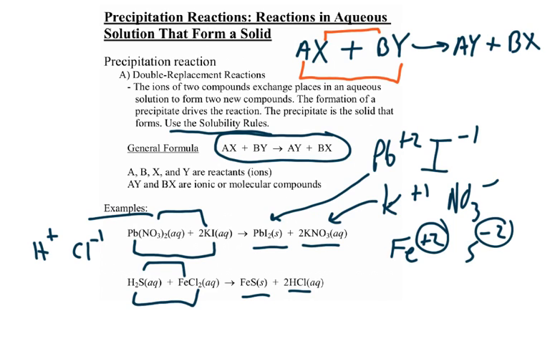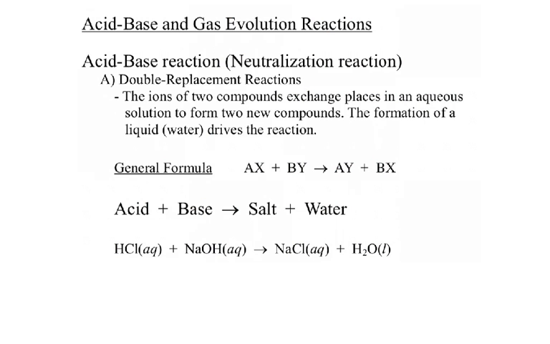Sulfur will not be soluble if it's not with either an alkali metal, ammonium, the polyatomic ion, or the last three alkaline earth metals, which are strontium, barium, and calcium. So you can see here that FeS is going to be a precipitate. All right, let's take a look at the second type of double replacement.